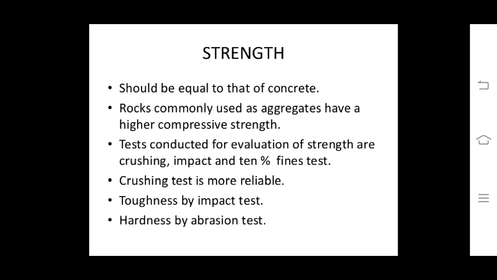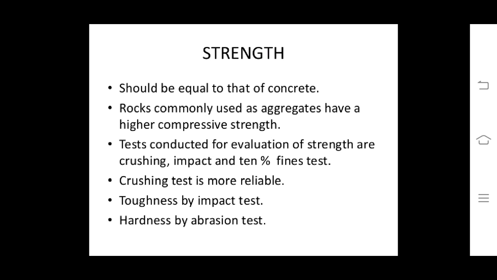The strength of aggregate should be equal to that of concrete, meaning if the strength of aggregate is more, the strength of concrete is also more. Rocks commonly used as aggregate have a higher compressive strength.